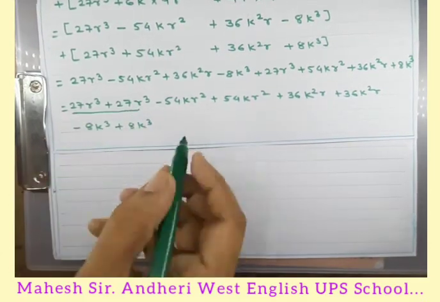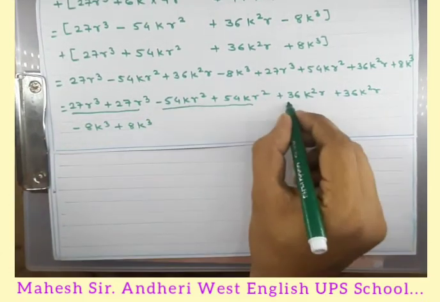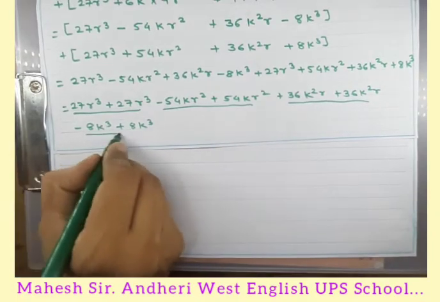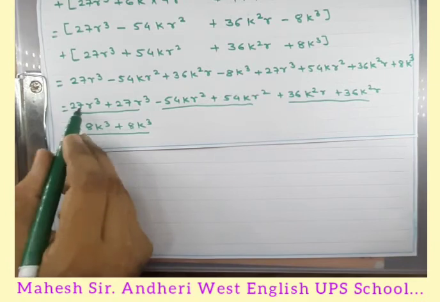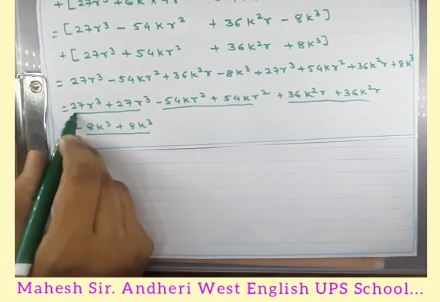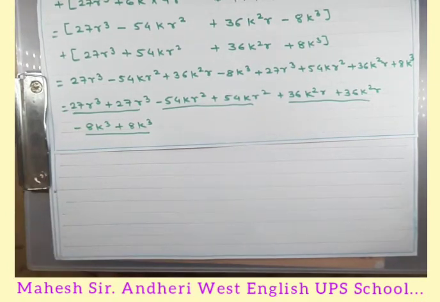These are the like terms, and I am underlining the like terms. 27r cube plus 27r cube: plus plus, 27 plus 27 is 54.